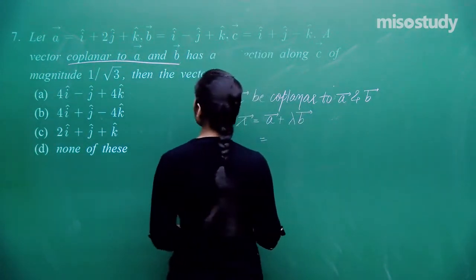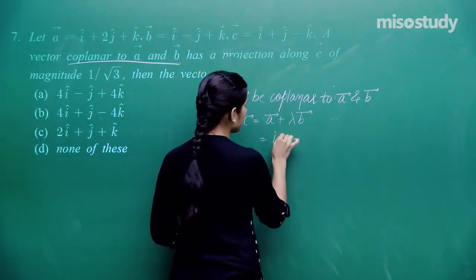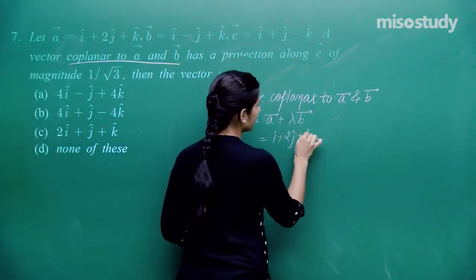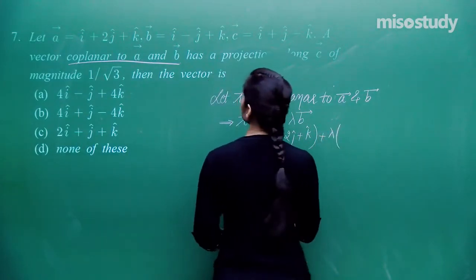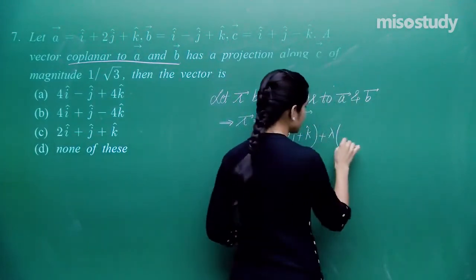Now A vector is i cap plus 2j cap plus k cap plus lambda times B vector, which is i cap minus j cap plus k cap.